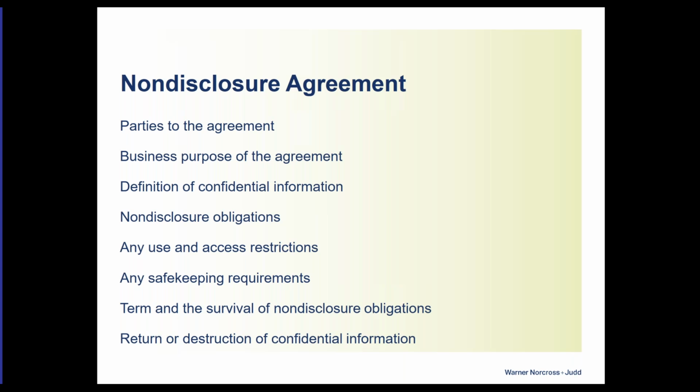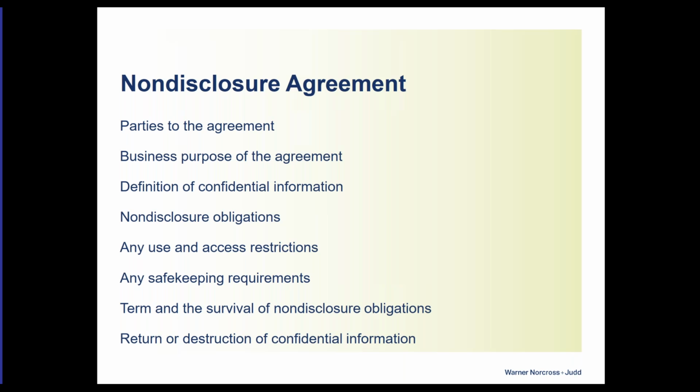It will also include non-disclosure obligations. What ways are you going to prevent disclosure? It's going to include use and access restrictions if it's related to certain parties within the organization, and safekeeping requirements. Maybe requirements relating to purging data after a certain number of years. And this agreement is also going to include term.